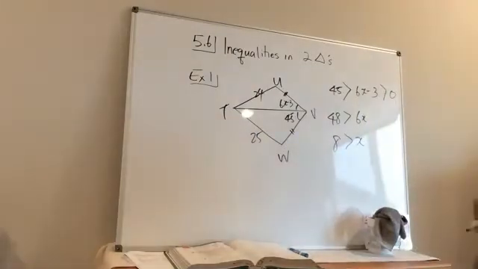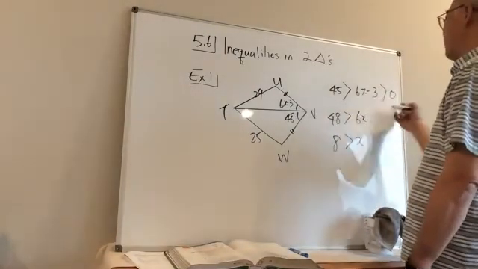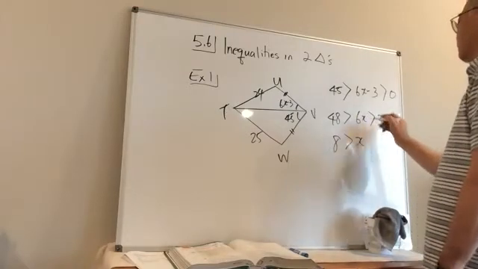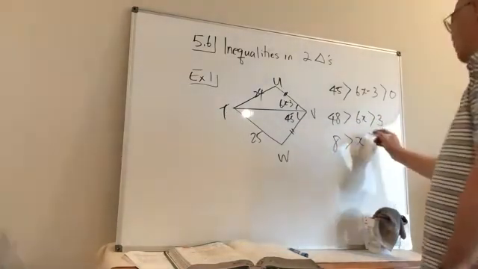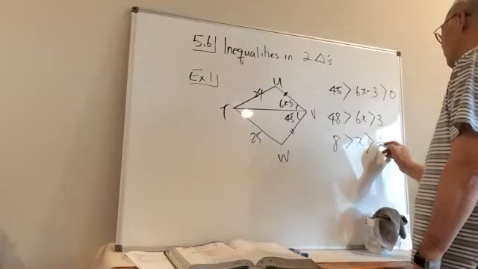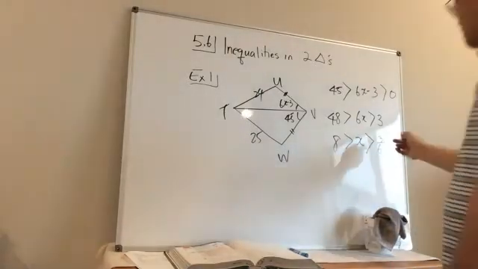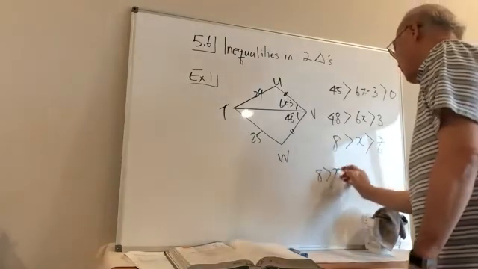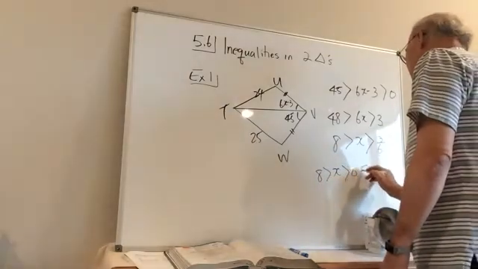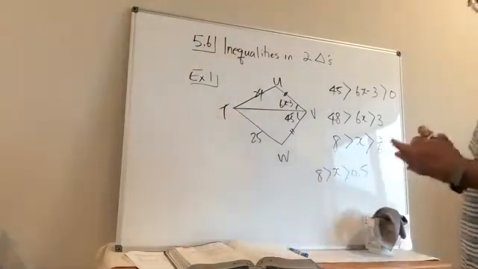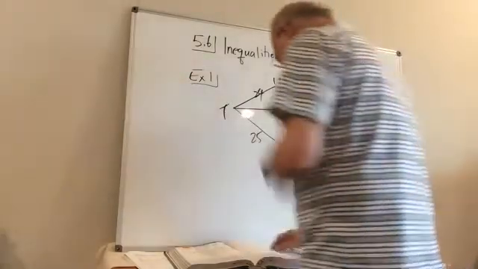So I should have solved this together. I'm going to add 3 on all sides and divide everything by 6. So it's going to be what? x is between 0.5 and 8.5. Okay, so that's that.